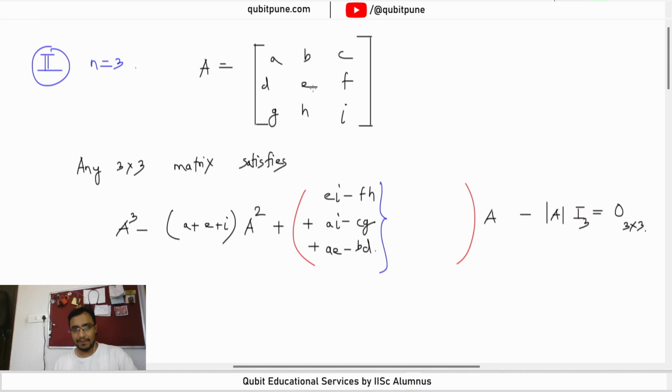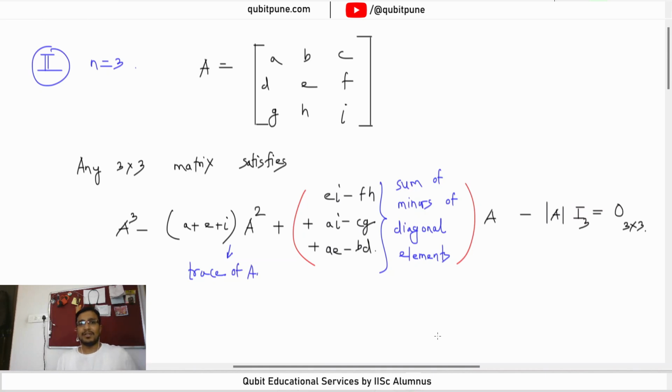Minor of E. And what is AE minus BD? It is minor of I. So this is actually the sum of minors of diagonal elements. This will be trace of A.